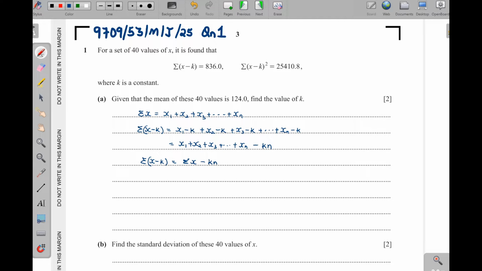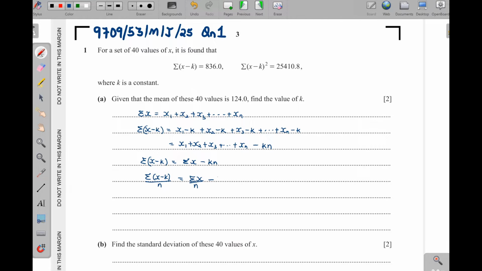Now they give us the actual mean of 40 values. So if I divide all through by n, I have summation of the values divided by n, and you will be getting what we call the mean, okay?